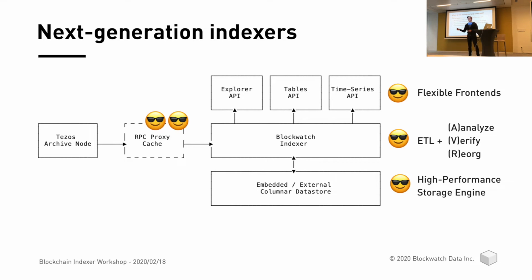Okay, let's jump into when you should use or when you need an indexer and when you should not use an indexer. Let's start with the when not. So an indexer is another moving part in an infrastructure. And because it's a separate part, it might introduce errors and bugs. No software is error-free.